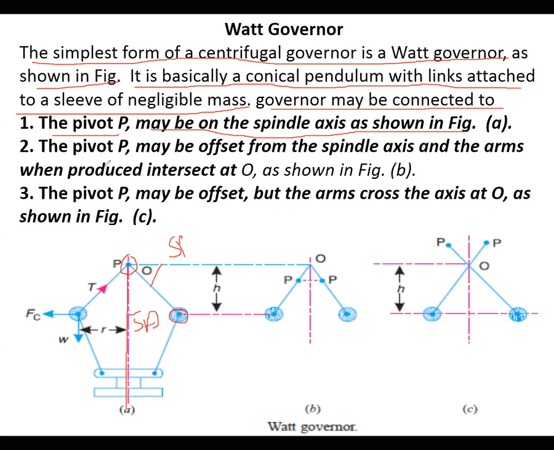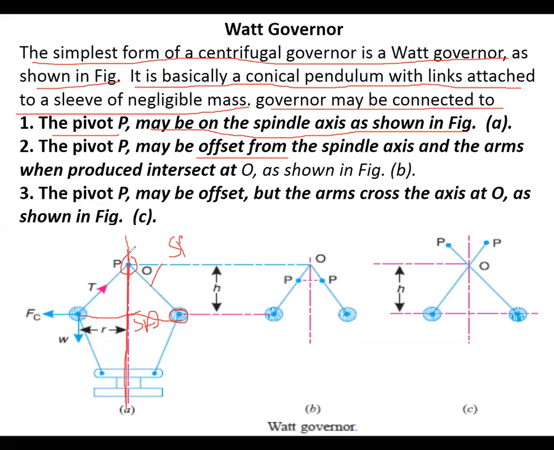Next, the pivot P may be offset from the spindle axis. Offset from the spindle axis means the spindle axis is passing through the center of the governor. Whatever distance is there on this side, the same distance will be there on the other side. That is why it is called an offset.